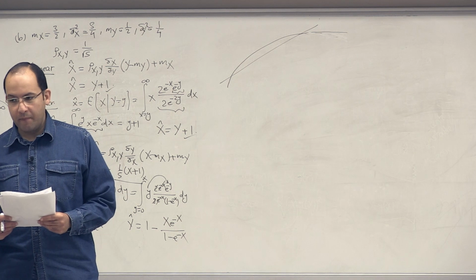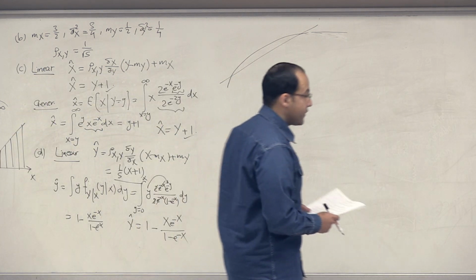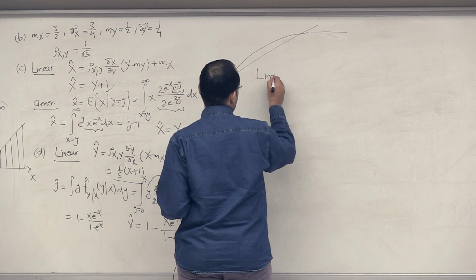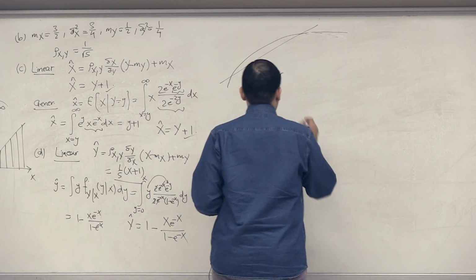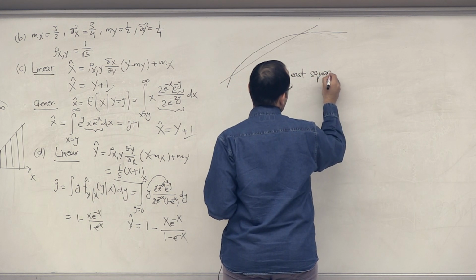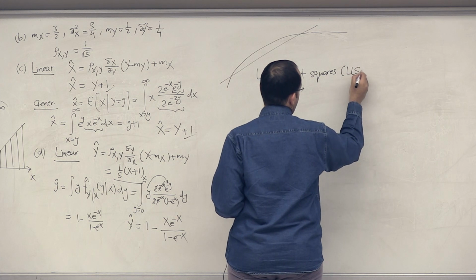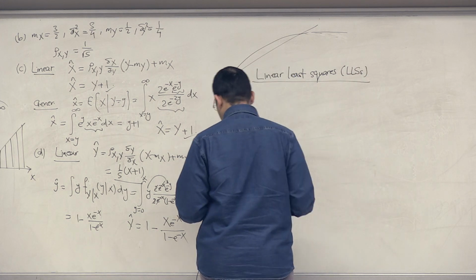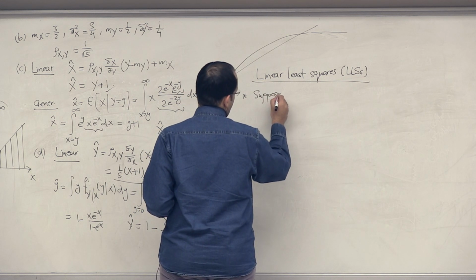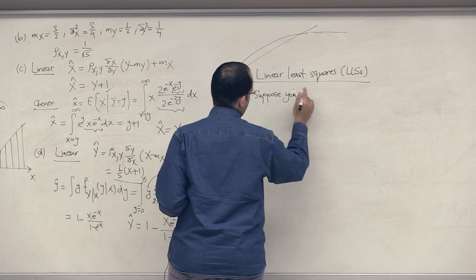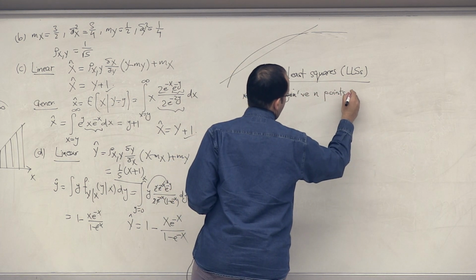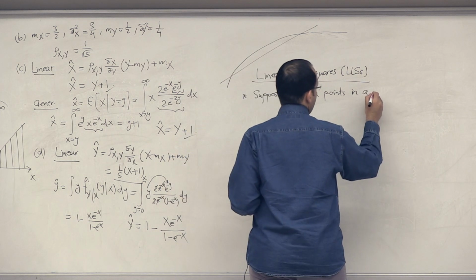All right? Okay. Now we will shift gears to a different topic. It is connected, but it is still a new topic, linear least squares. So suppose you have n points in a k-dimensional space.